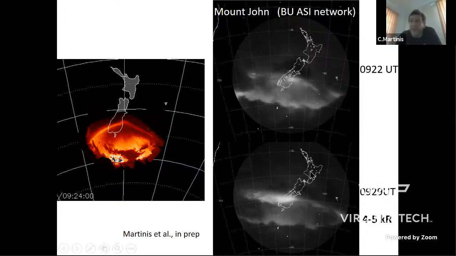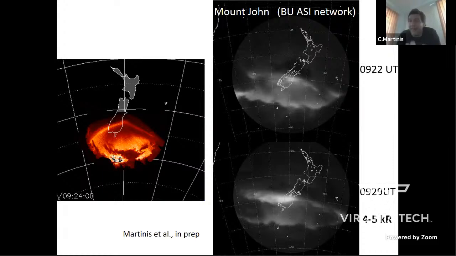For this particular event, the location matches pretty well the observations from the ground, the aurora photographer. In this case, the bright airglow associated with this arc was around 5 kilorayleigh. So this is very unusual, and this explains why you can see it so easily from the ground.